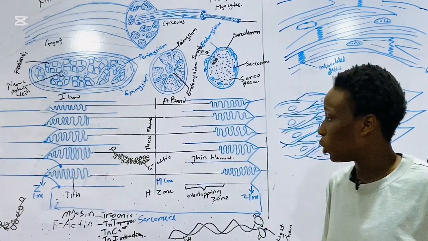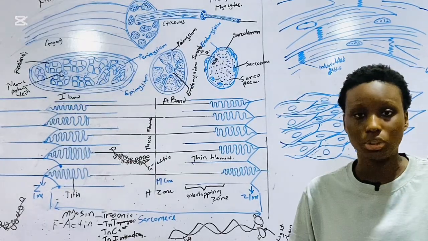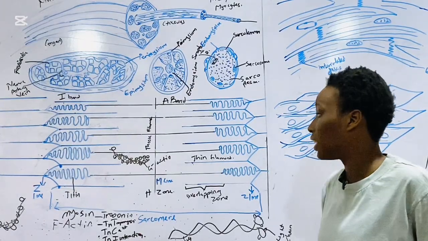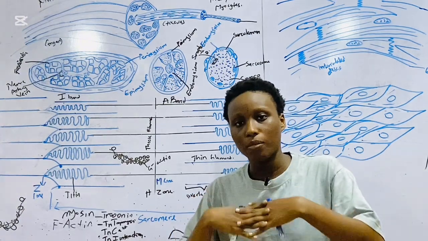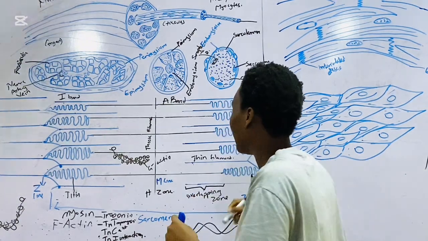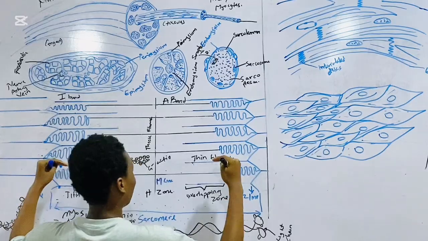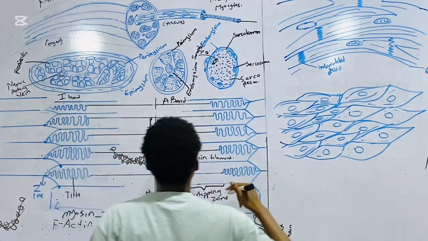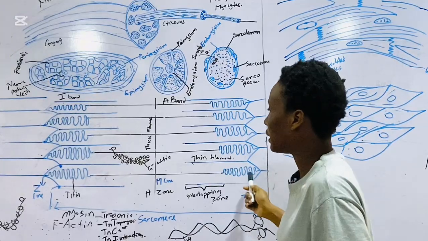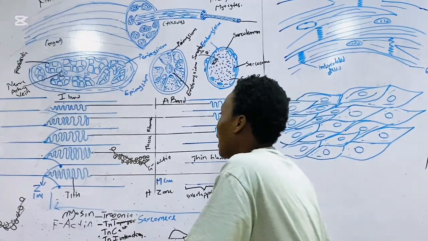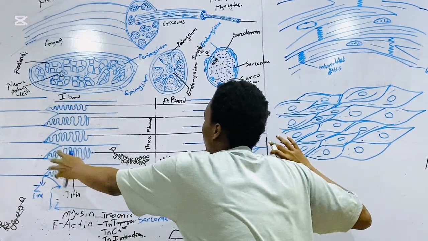When contraction is about to take place, or is taking place, thin filaments slide on thick filaments. If this blue filament is sliding like this, there's going to be a shortening of the sarcomere.